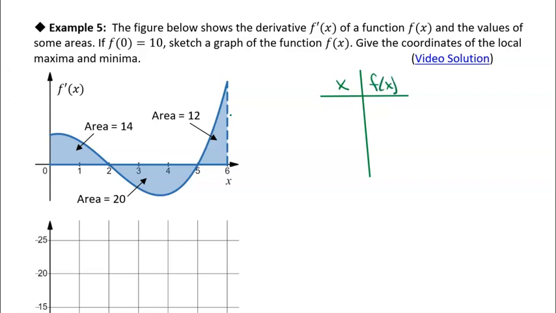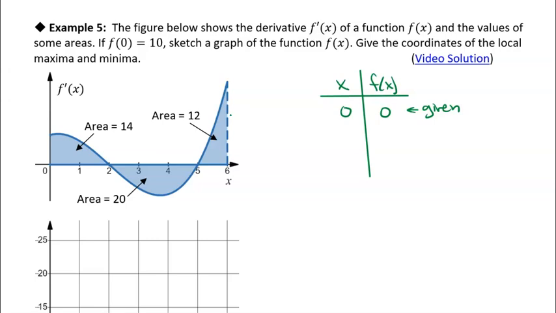I know I can use the net change theorem and find the values of f of x. Now, I was given that when x equals 0, f is 0, so I'm going to put that in there. Now, if I want another value, notice I'm given that the area from 0 to 2 is 14.